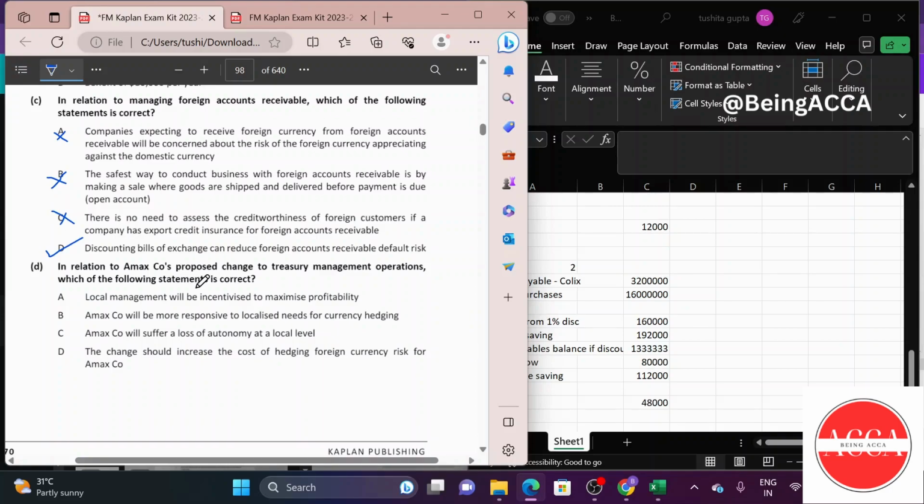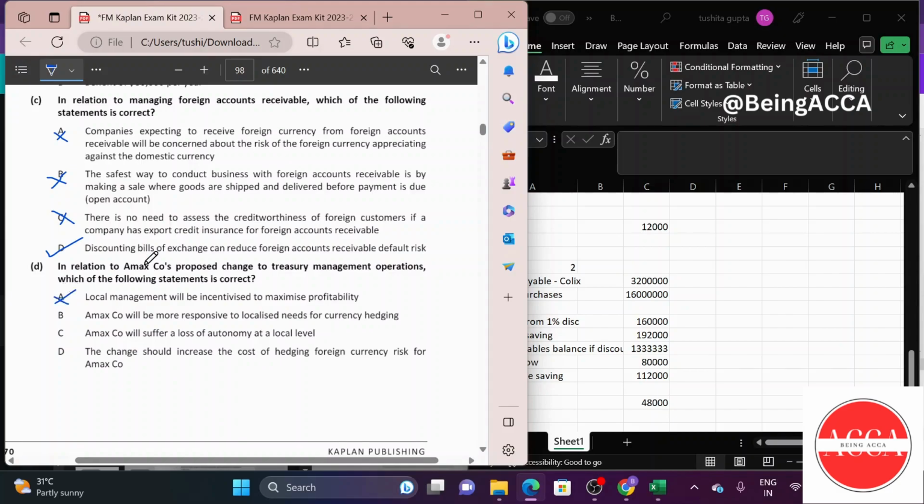Now, this statement is not correct, because the local management would rather be less incentivized to maximize profitability, because they will have a lesser control on it. Since it will be centralized, their control will be lesser. So that is why they will be less incentivized. Okay, so this statement is wrong.